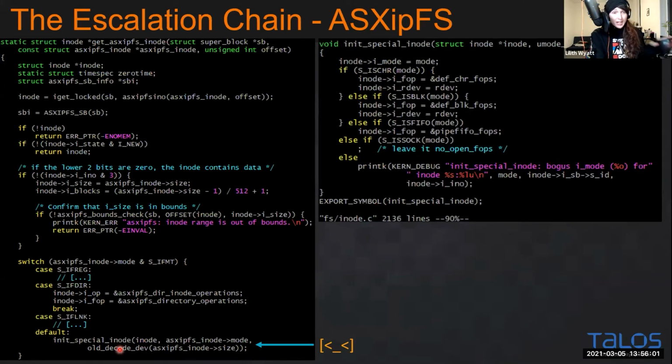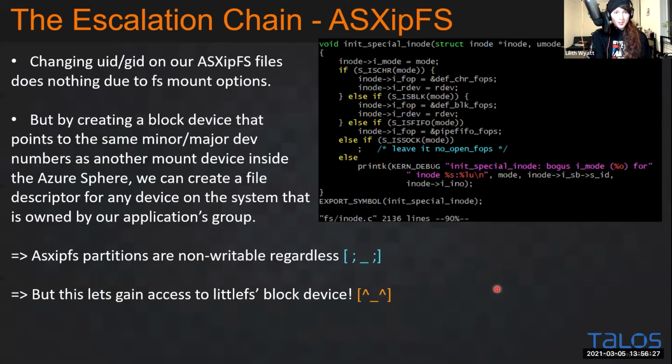And the init special inode function was actually located in Linux itself. This wasn't Azure Sphere specific code. So if you'll notice here, if it's a char device, then it loads the char device operations. If it's a block device, it loads the block device operations and so forth. And if you've ever installed a block device onto a file system before, it's a pretty powerful thing you can do.